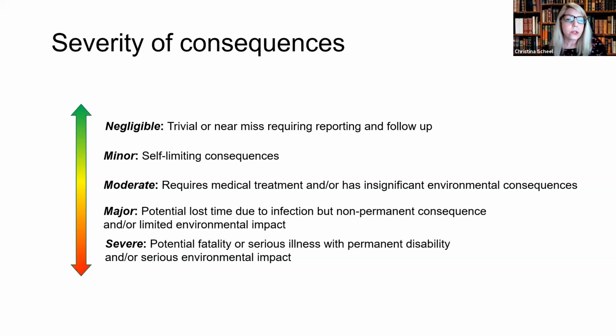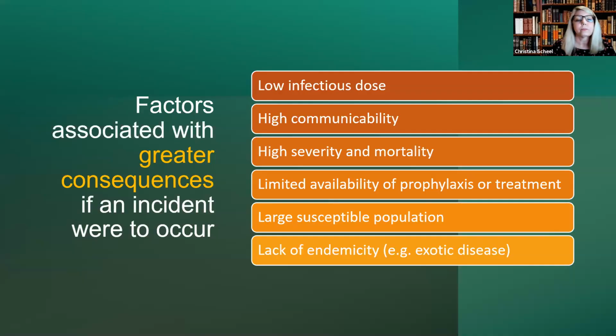Major consequences include potential lost time due to infection with your biological agent, but non-permanent illness, and/or limited environmental impact. And then severe consequences are potentially fatal or serious illnesses with permanent disability and serious environmental impact. So you notice that environmental impacts are in the major and severe consequences.